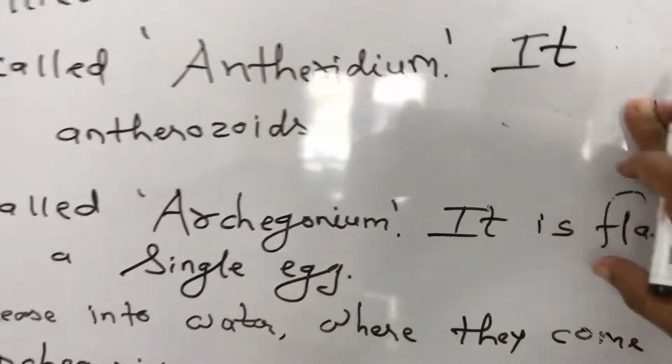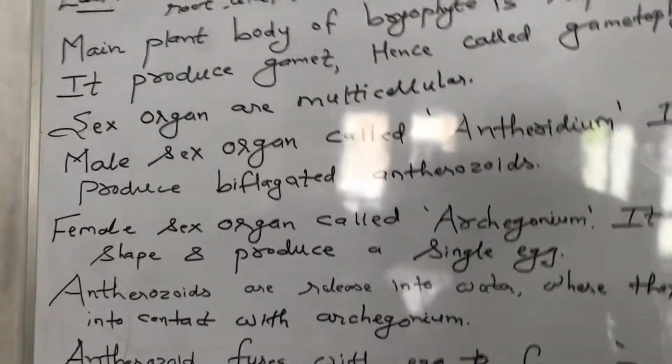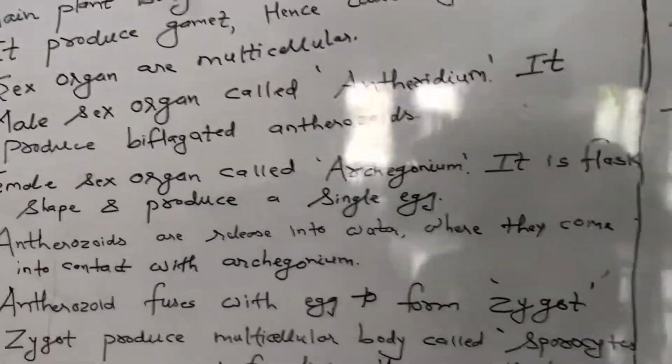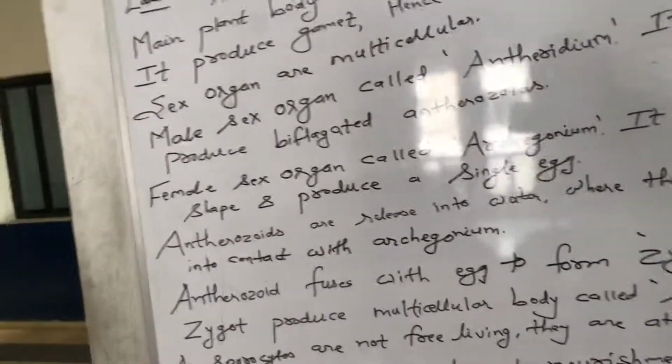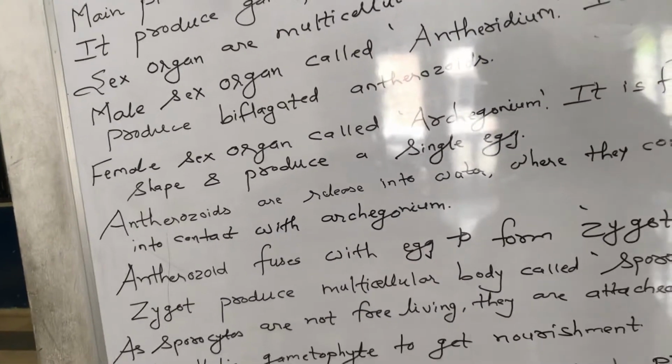Understand? So, biflagellated antherozoids. In the same way, the female sex organ is called the archegonium, and it produces one single egg cell.